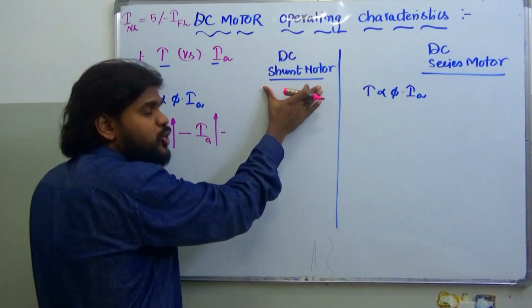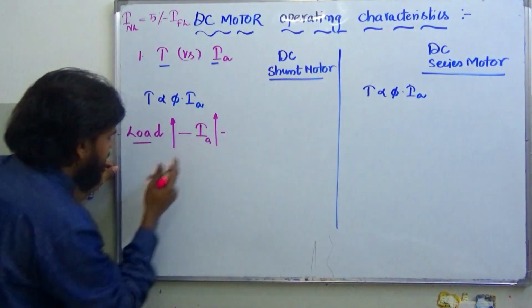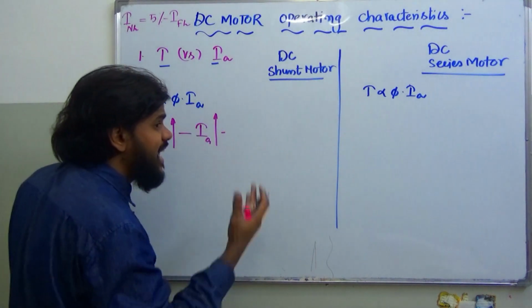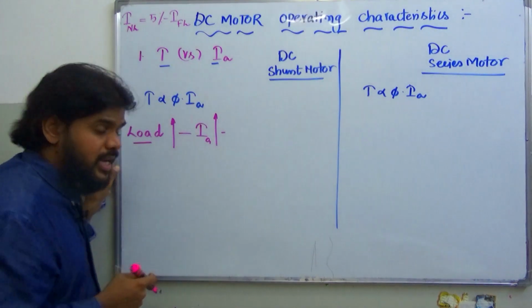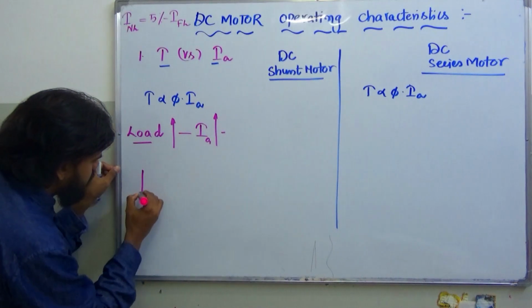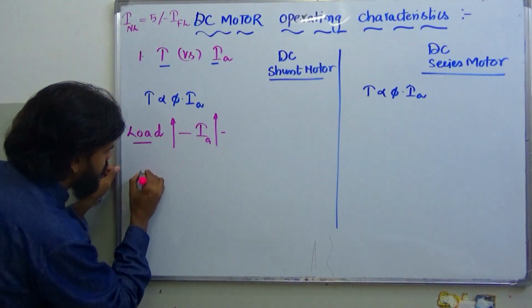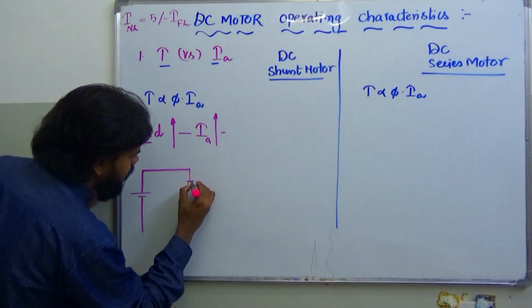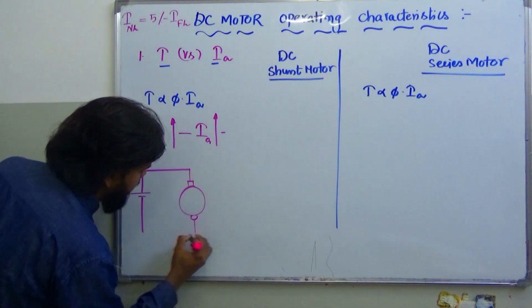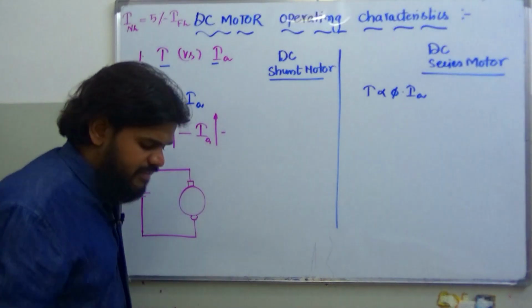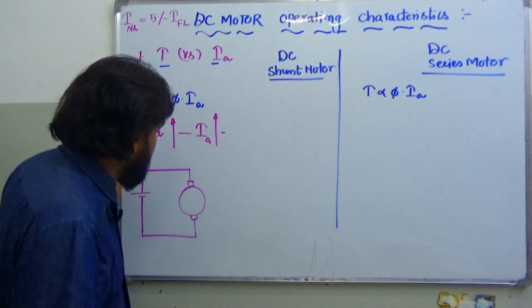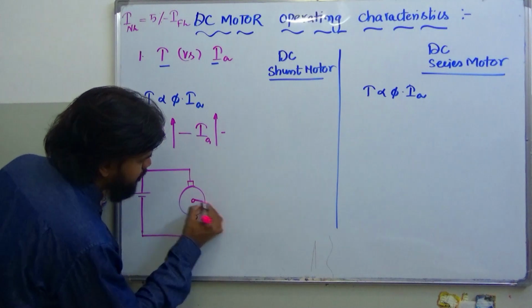So a DC shunt motor, now we have to understand about the flux with respect to the load. What happens to the flux? Let me make a small equivalent circuit of a DC motor. This is actually a separately excited motor. Shunt and separately excited will always have similar characteristics.